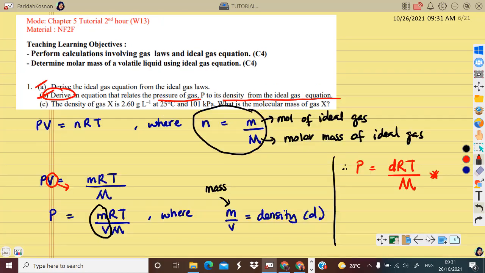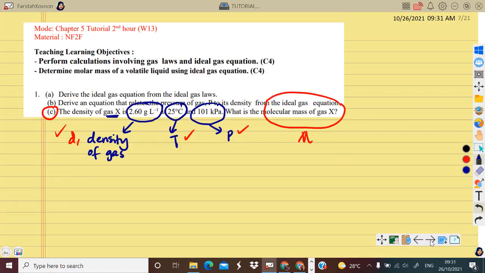Kita baru derive ni tadi. So kalau tak hafal juga derive semula lah. Okay, so we are going to relate with pressure equals to dRT over molar mass. So yang kita nak cari adalah apa? Molar mass equals to dRT over pressure.